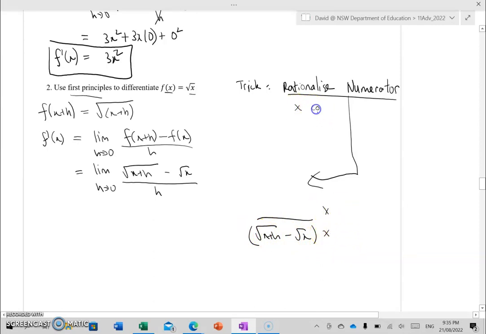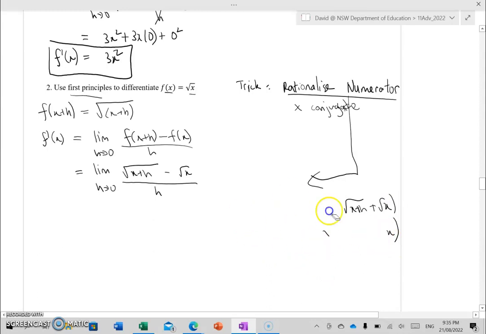And remember, the conjugate is the exact same thing, but with a plus in the middle. By doing that, we could rationalize the denominator because the denominator becomes a difference of 2 squares.